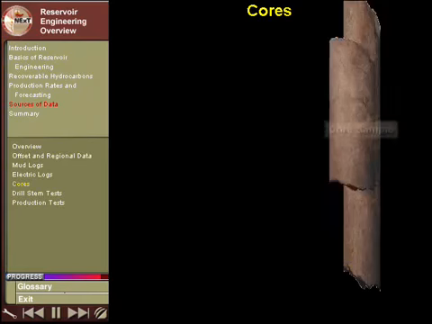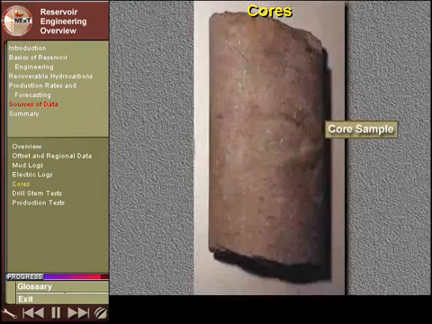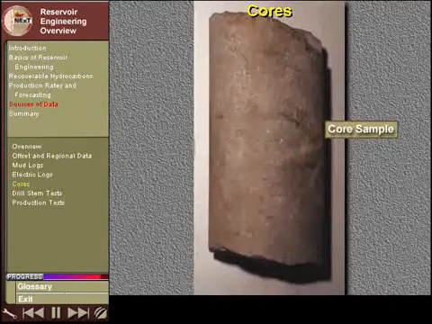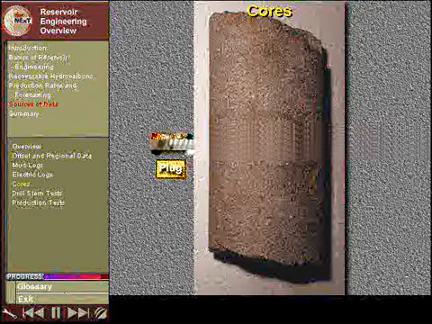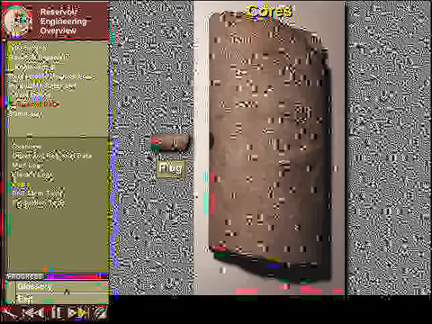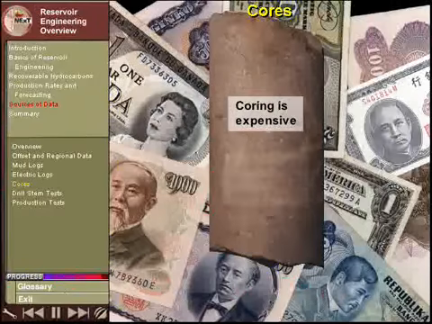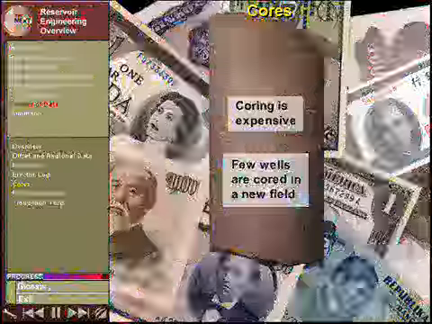The core, usually cut in a 30 to 60 foot section, is brought to the surface and carefully packaged for transportation to a laboratory. At the lab, measurements of such properties as porosity, permeability, and other parameters are made. Coring is a comparatively expensive operation. In a new field, for example, only a few wells might be cored due to the high cost.